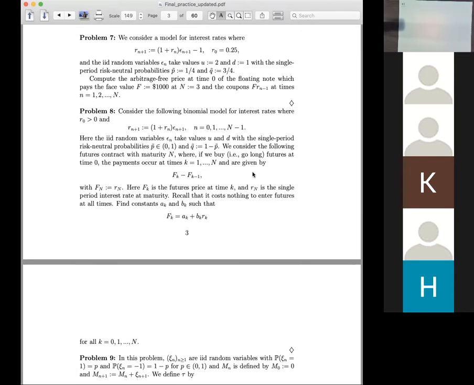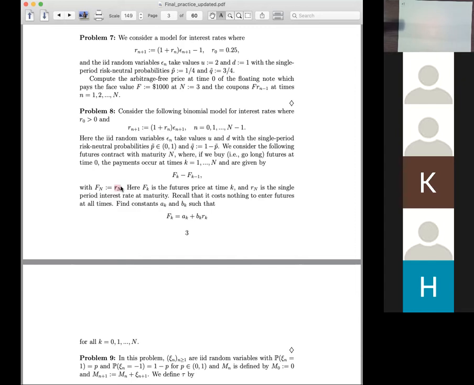So what's going on here is that you have, again, a stochastic interest rate model. We have the usual IIDs, called epsilon here, and we're going long a futures. We have these payments that are determined by the change in futures prices, and we're given the terminal condition that at the end, this is a futures contract that's written on an interest rate. So our job is to work out what is FK, the futures prices.